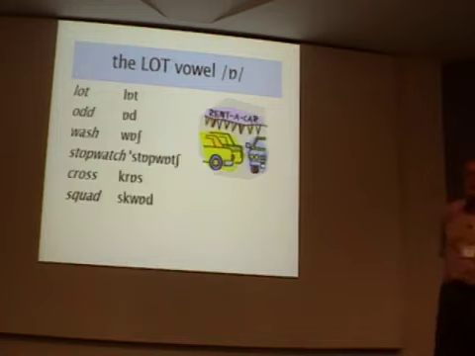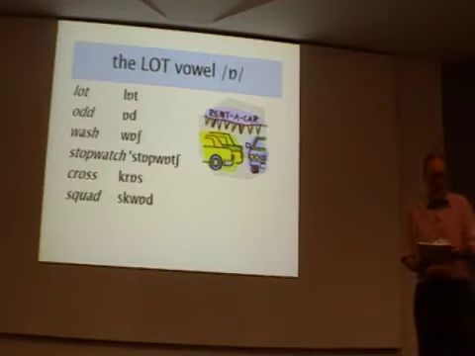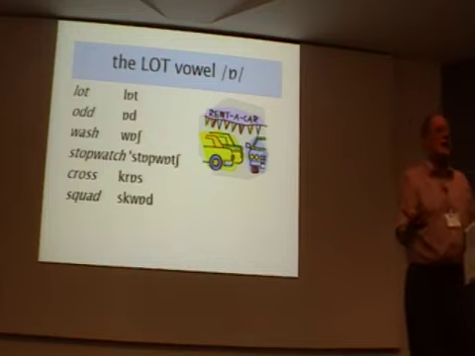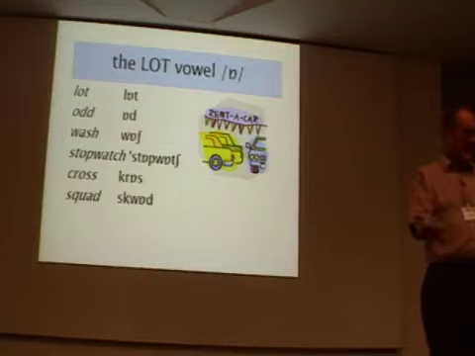The lot vowel: odd, lot, odd, wash, stopwatch, cross, squad. If you look back at the handout sheet, you will see that we've been gradually making the vowels opener. I is fairly close, E is mid, A is open, O is also open, but now back.